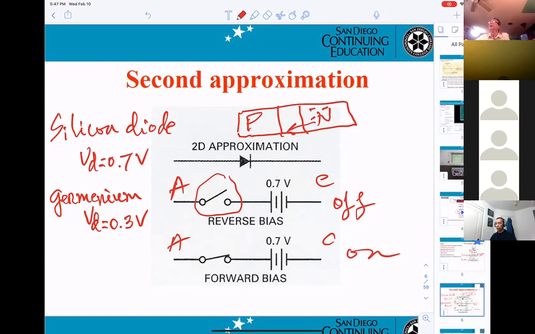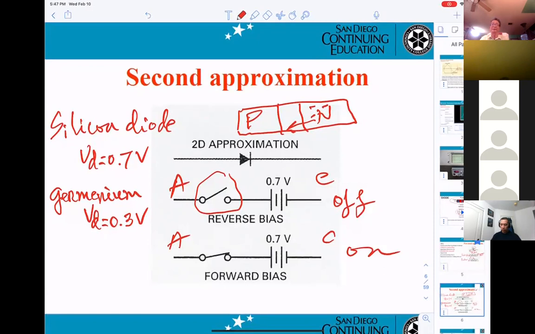Why are they asking for 0.7? That only tells you that at least 0.7 volt will be enough energy for the electrons to move. Okay, less than 0.7, electrons do not move. That means the diode is still open.